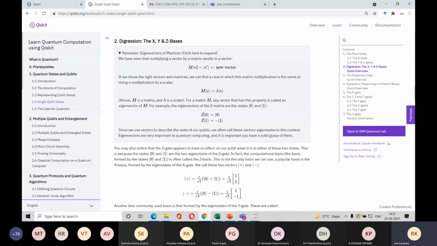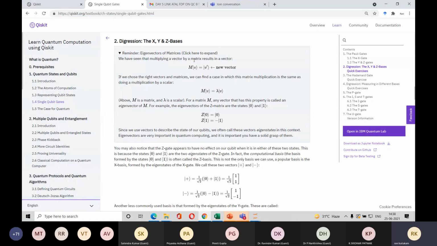What it means is, if there is a vector v and you multiply it with a matrix M, the new vector can be represented by a scalar and the vector. M is a matrix, v is a vector, so M v equals lambda v.